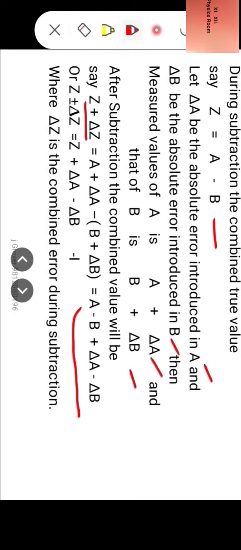So Z plus minus delta Z is equal to Z plus delta A minus delta B. Let us mark it as equation 1, where delta Z is the combined error during subtraction.